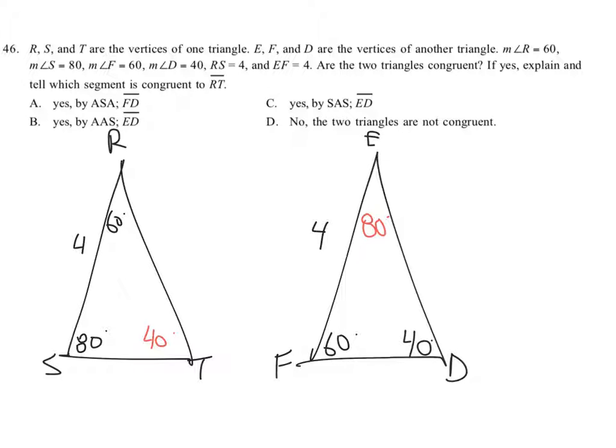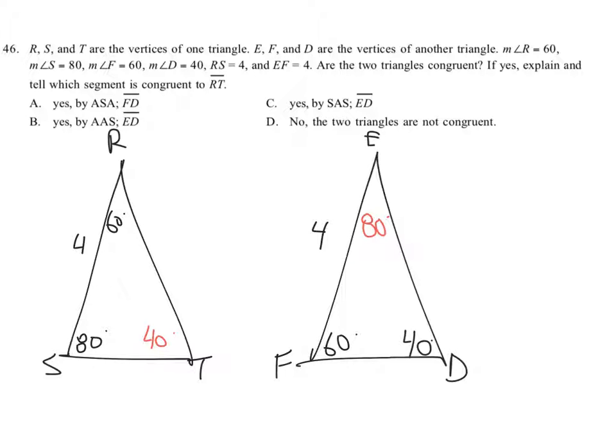They might be similar. So do we know that the sides are congruent? They told us that they both have a side of 4. Does it match? Does it kind of align with the proper sides?